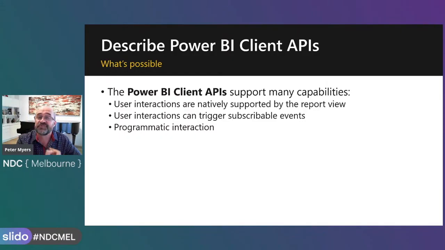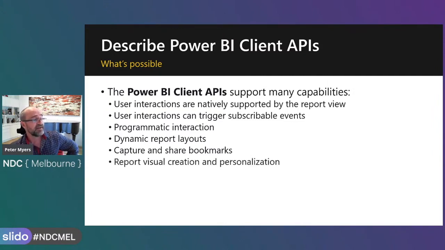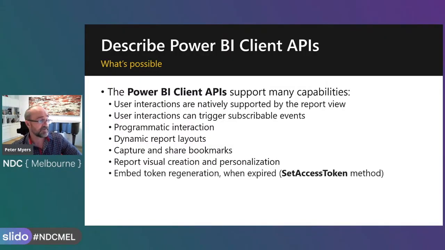And in response to the user clicking on something, the application can then do something. All right, so dynamic report layouts are a possibility as well. Working with bookmarks that capture state and allow the replaying of state can also happen. And report visual creation and personalization can also take place within the app.